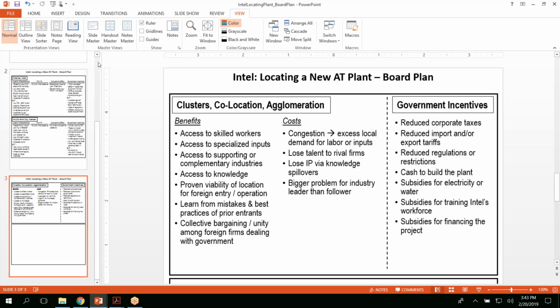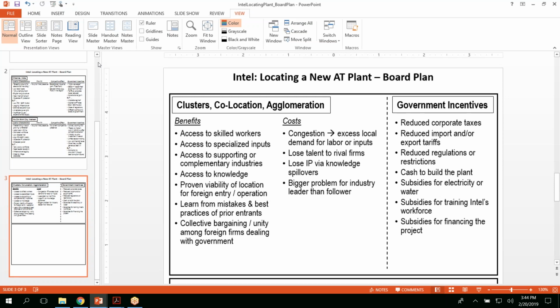The most important thing to understand, though, is that between AMD and Intel, AMD benefits more from being near Intel than Intel benefits from being near AMD, right? The idea is the follower firm, who is maybe a little bit behind in technology, wants to be able to capture talent.